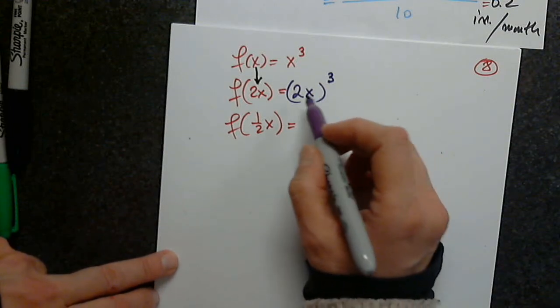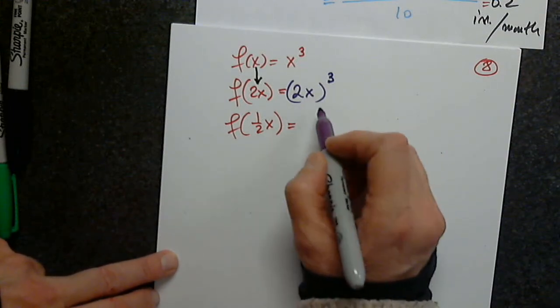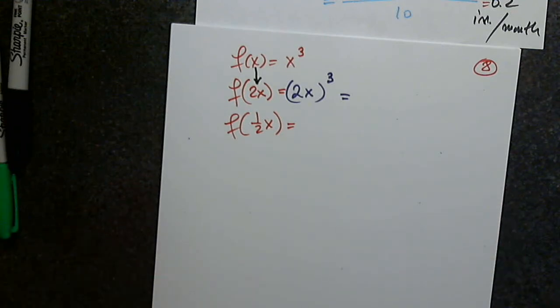You meant cubed, in parentheses, I hope. Okay, perfect. So then let's simplify this. We know how to raise a product to a power, so what do we get? Excellent, thank you very much.